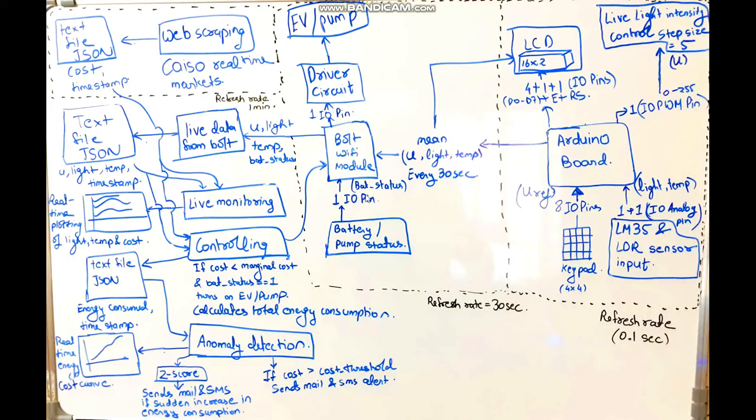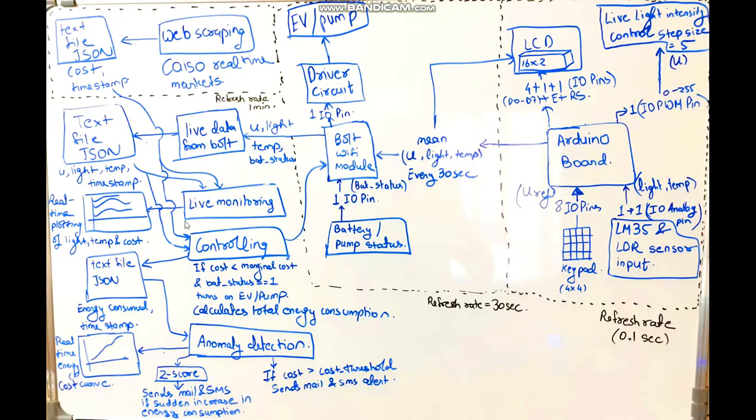If the battery sensor value is 1, which means the battery is not fully charged and the water tank is not full, it will send a 1 command here, and this controlling algorithm will sense the status of the digital pin through which the sensor is connected.